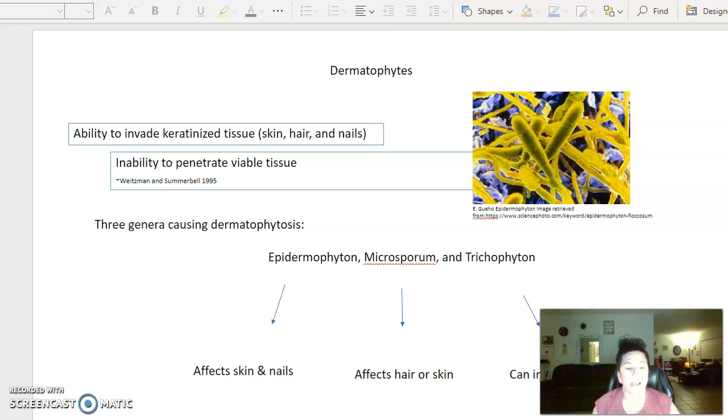Then we have the anthropophilic species that live on us humans. E. floccosum is a filamentous fungus identified by hyphae microscopically, and when we go to get diagnosed for ringworm, that's one of the tests they're going to perform.